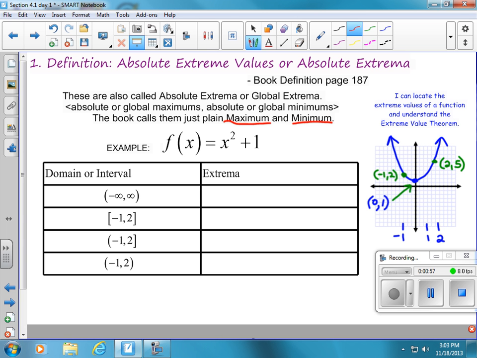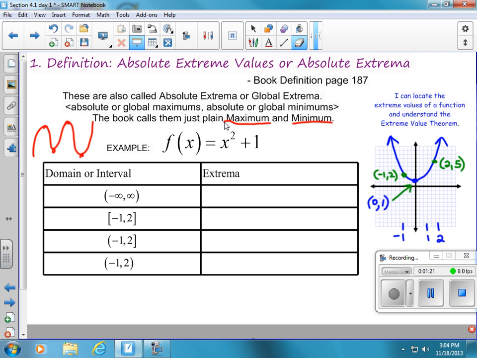Now, in between, there could be lots of zigs and zags in a function. Let's say a function goes like this, and these would be considered local minimums or maximums unless they're the highest one, and then those are considered the absolute, the global, or just the biggest maximum.